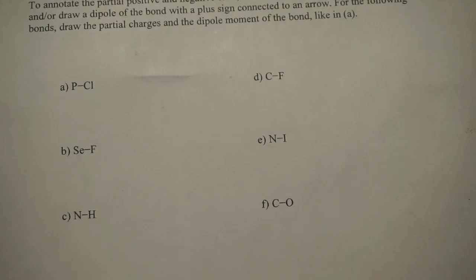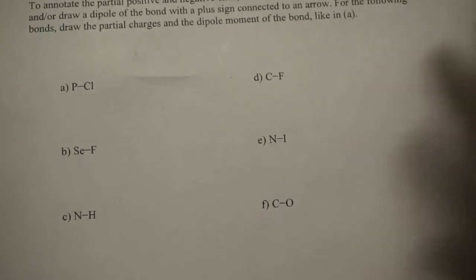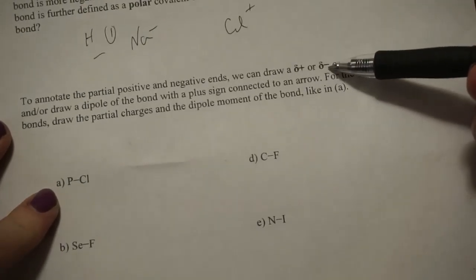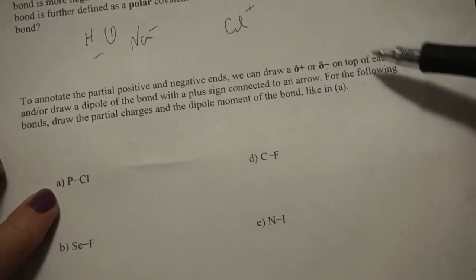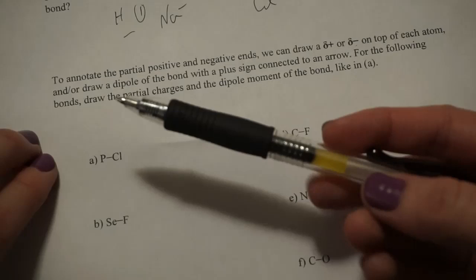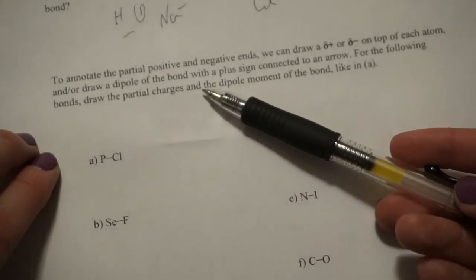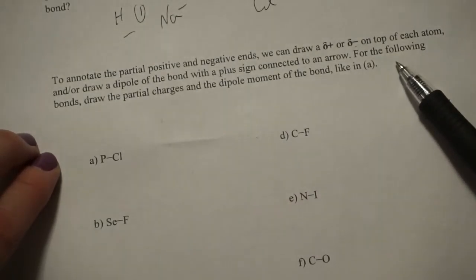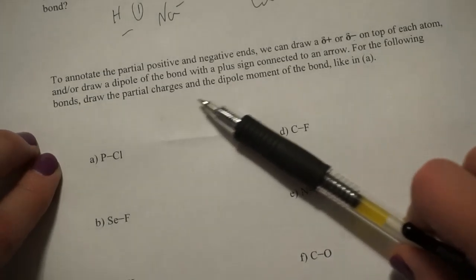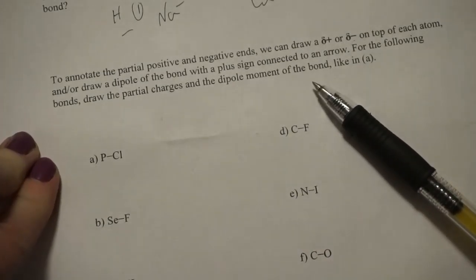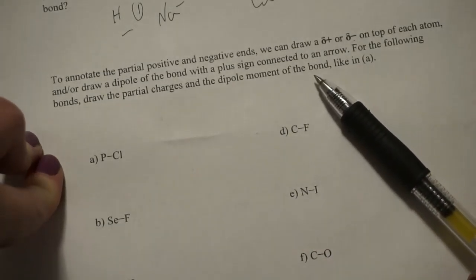To annotate the partial positive and negative ends, we can draw the symbol with the positive or negative sign with the weird looking S on top of each atom, and or draw the dipole of the bond with a plus sign connected to an arrow. For the following bonds, draw the partial charges and the dipole moment of the bond.